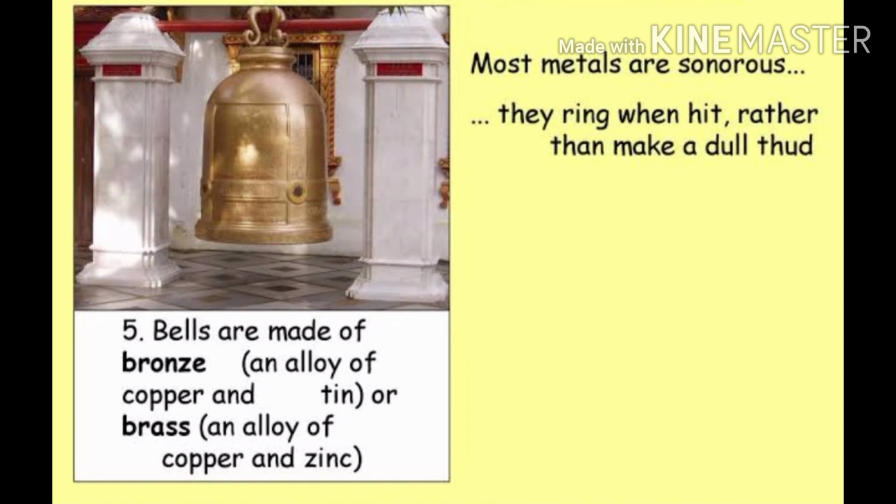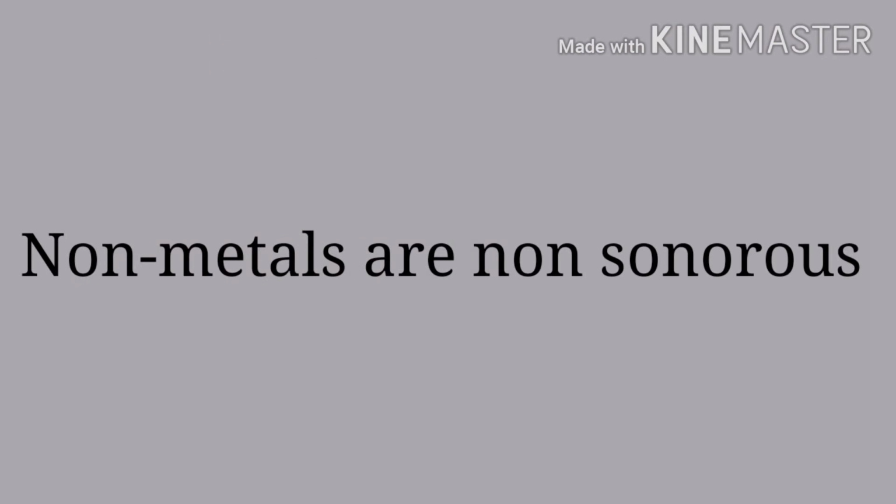Alloys, as you have studied in the ninth class, are homogeneous mixtures of two or more metals, or of metals with non-metals. They are made up of alloys like bronze, which is an alloy of copper and tin, or brass, which is an alloy of copper and zinc. Non-metals are generally non-sonorous. They do not produce any ringing sound.